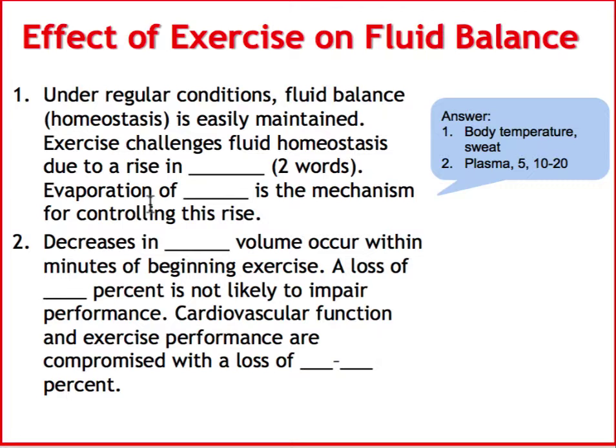I'm going to deviate from what the textbook says because of more recent research, and your textbook hasn't quite caught up. Here it says a loss of 5% is not likely to impair performance, but cardiovascular function and exercise performance are compromised with a loss of 10 to 20% of plasma volume.